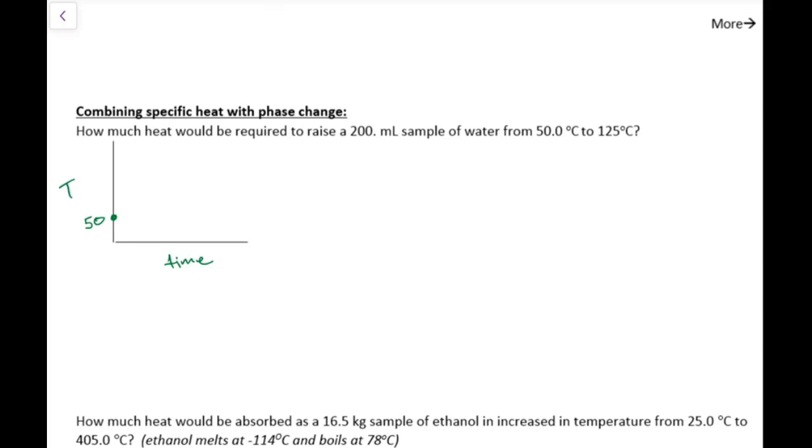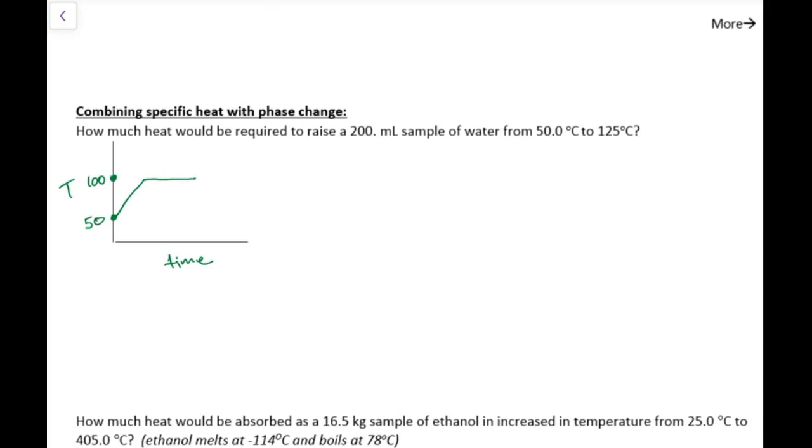What physical state would water be in? So between 0 and 100, it would be a liquid, right? So if we add heat to it at this point, the temperature is going to go up until it hits the boiling point, right? 100. And then what does it do at the boiling point? It plateaus, right? The temperature does not change while the water is boiling.